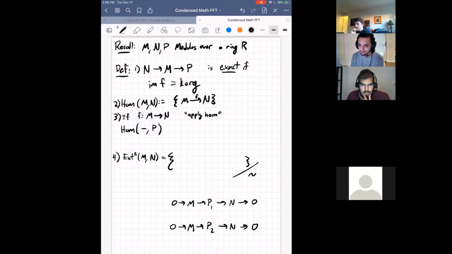What it means to apply Hom is that for every map f from M to N, I'm going to get a pullback map, applying the Hom functor for P. The map will be from Hom(N, P) to Hom(M, P), and that map is just g goes to g composed with f.